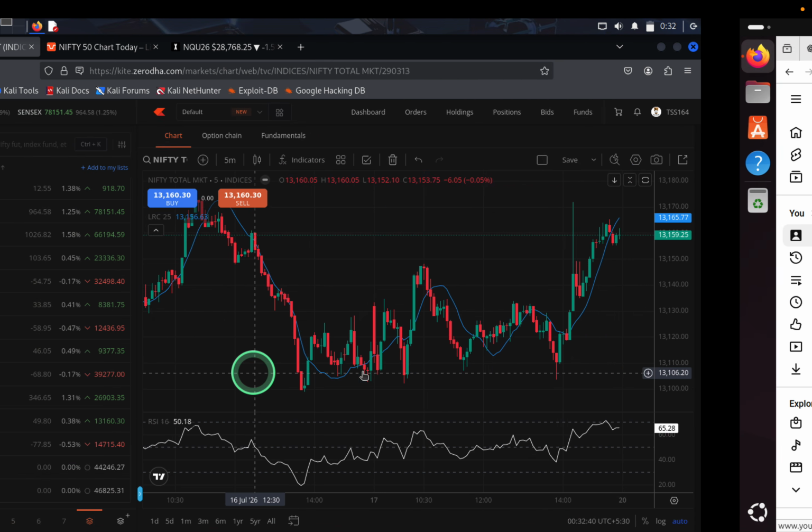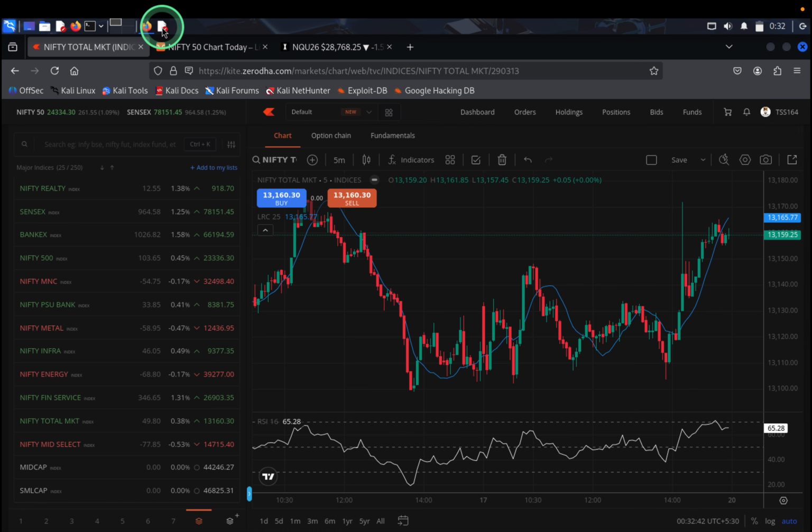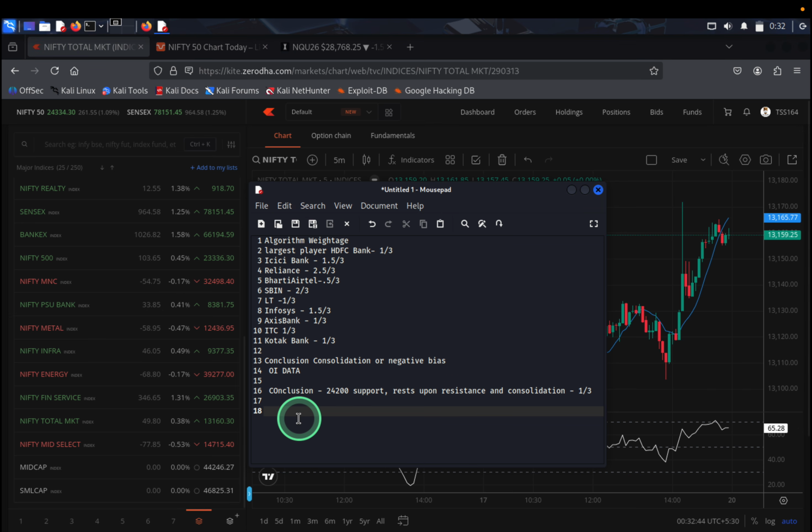So sectoral points, 1 out of 2, sorry. Conclusion: recent momentum is positive in most.